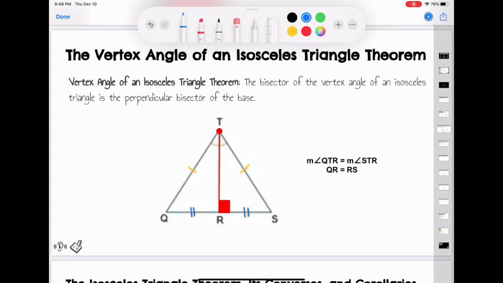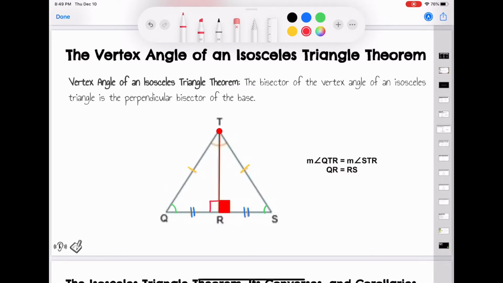We can also identify that angle QTR is congruent to angle STR, and because it is an isosceles triangle, angle Q is congruent to angle S, and angle TRS is also congruent to angle TRQ.